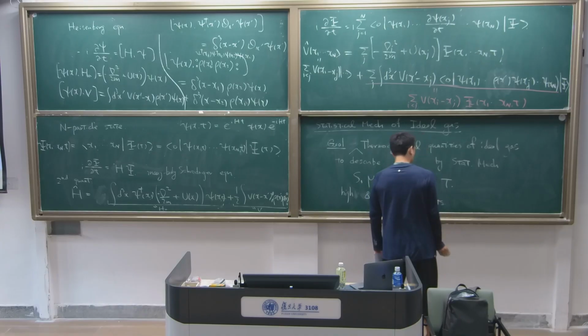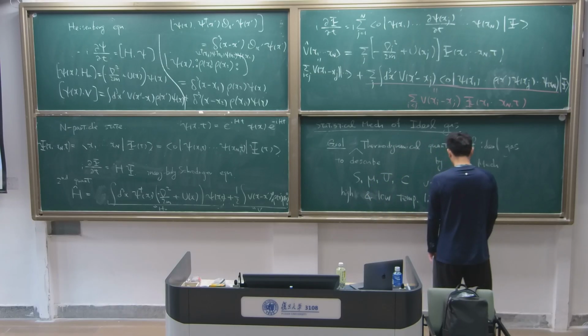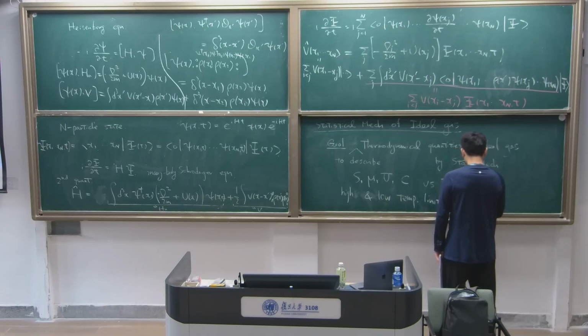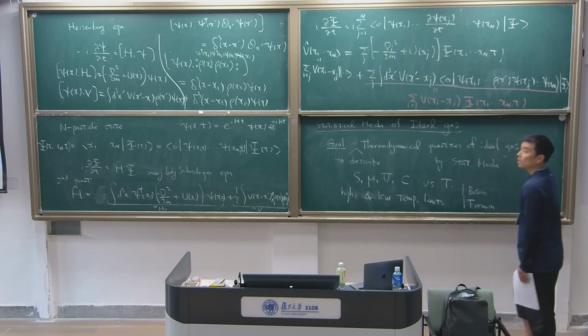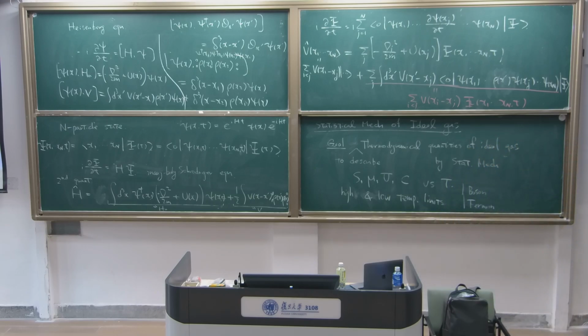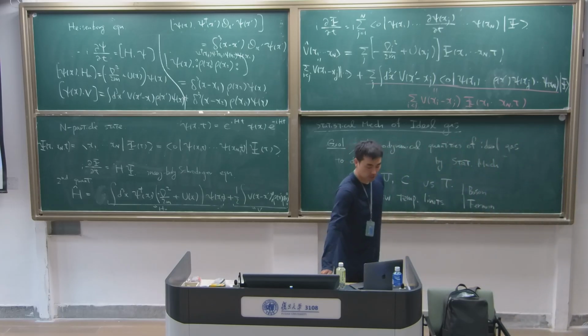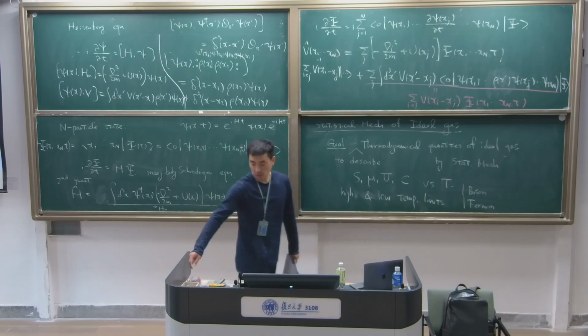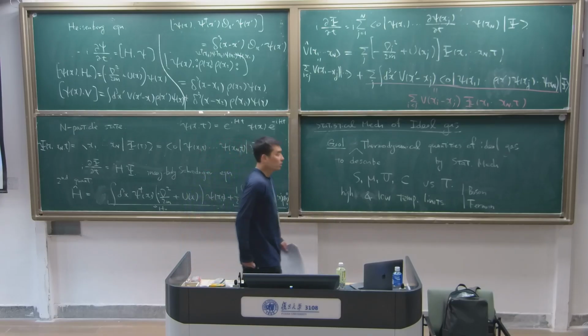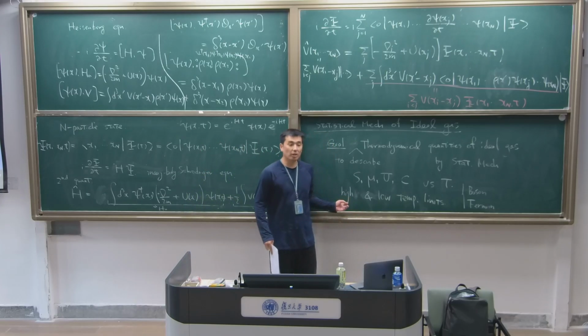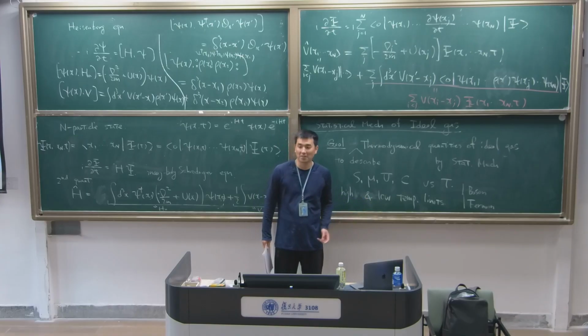If you take the low temperature limit, then both are determined. In particular, what's more interesting is this, of course, you want to understand the high temperature limit or the low temperature limit.